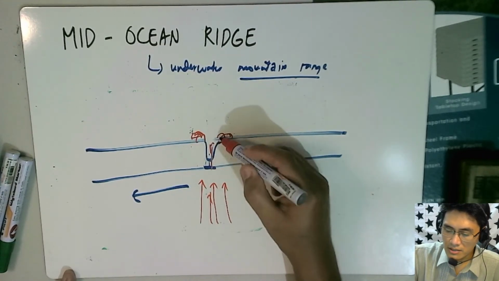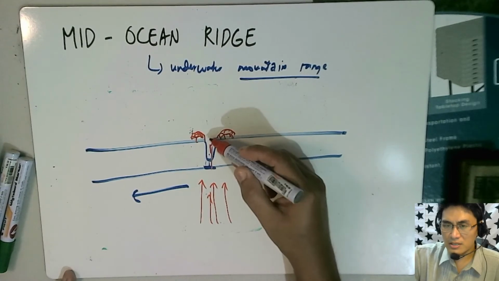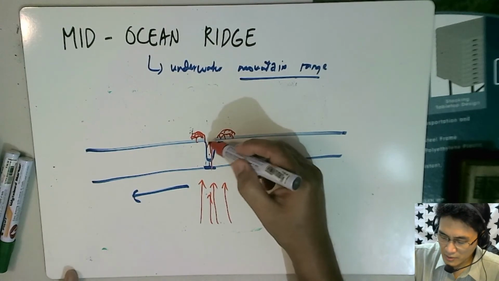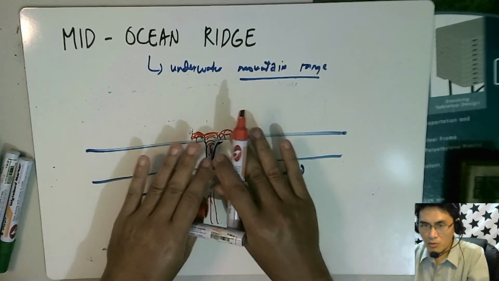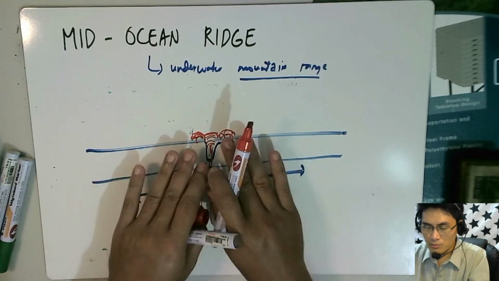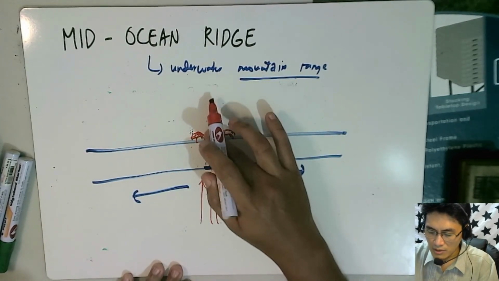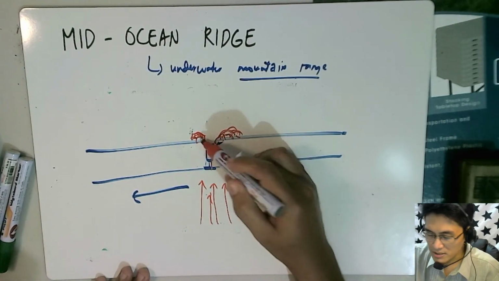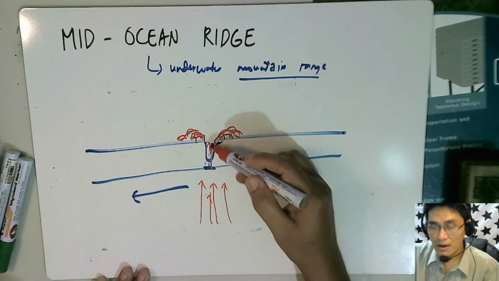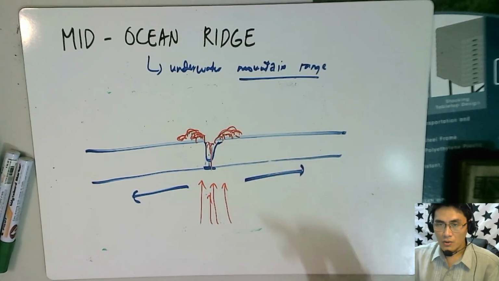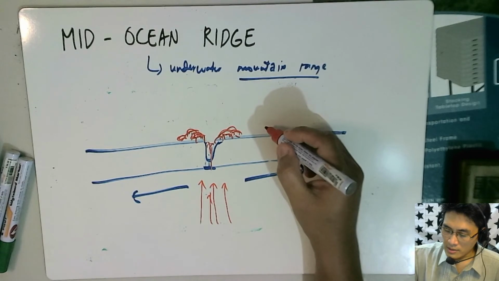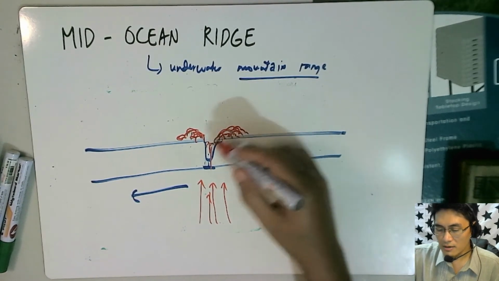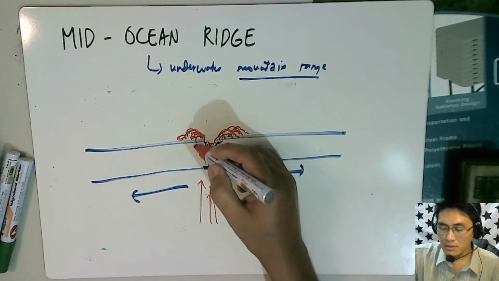Obviously, the center would still be a depression because even if you deposit magma there, when these two plates move, the magma at the center will eventually depress. So over time, what you can see are just the magma deposits at the sides and then the crack at the center. So again, when submarines discovered this, all they saw was these elevated parts here because of the magma coming out, right?